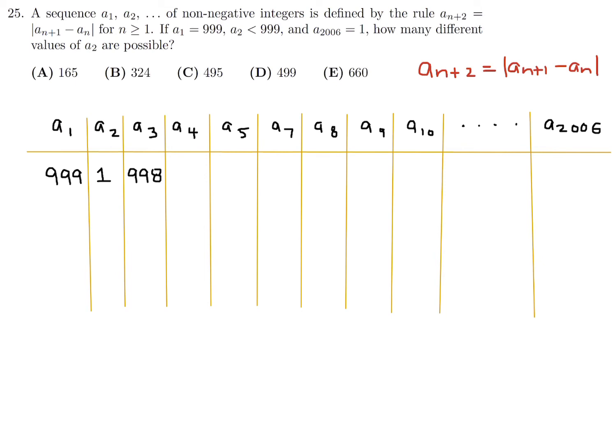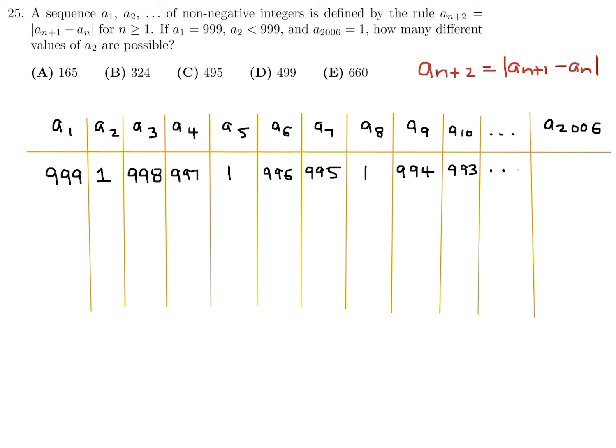Then 998 minus 1, 997. 997 minus 998, which is negative 1. Absolute value gives me 1. Continuing this, we get 996, 995, 1. And then continuing in the same format, we'll get 994, 993, and then it just keeps on going, dot, dot, dot.